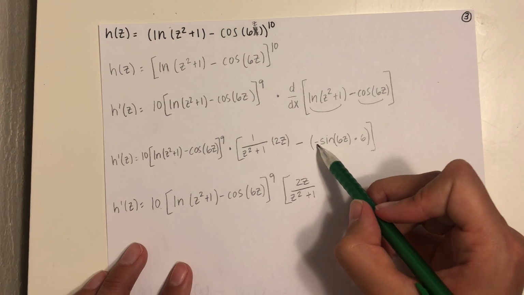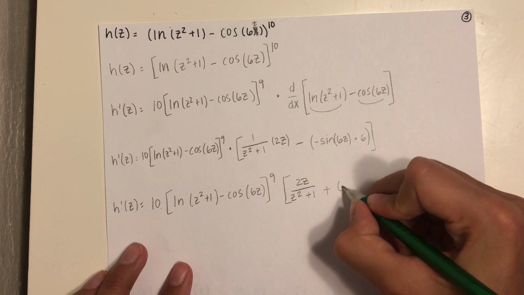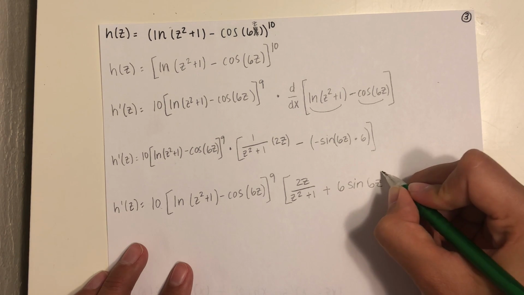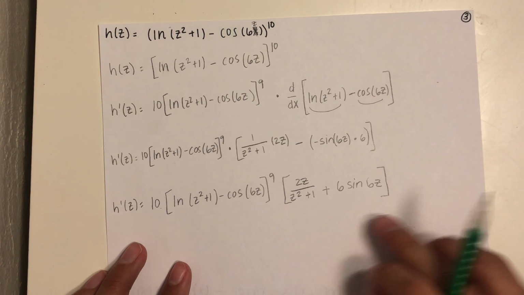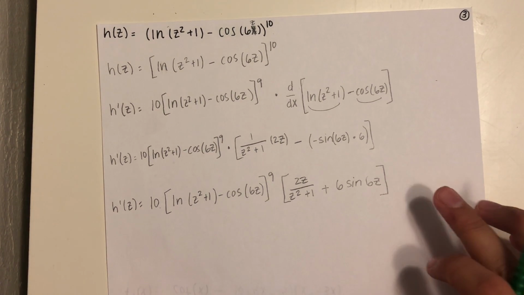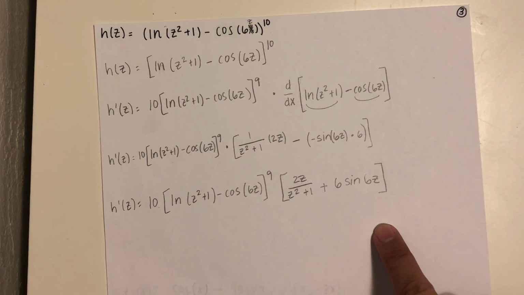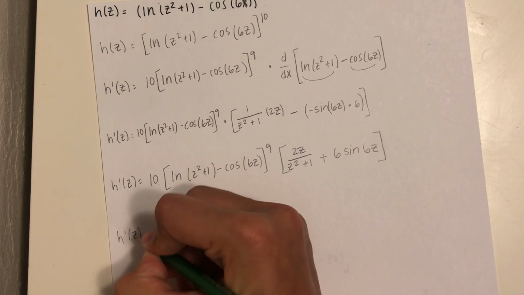And then minus becomes plus. Move that 6 out to the front. 6 sine of 6z. So then, as ugly as it is, this is our answer. Again, like I explained in the last problem, I personally like putting everything in power order. Since it's all being multiplied across anyway, I would write it this way.